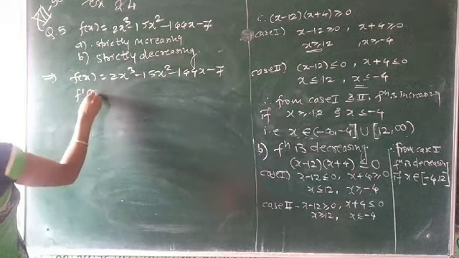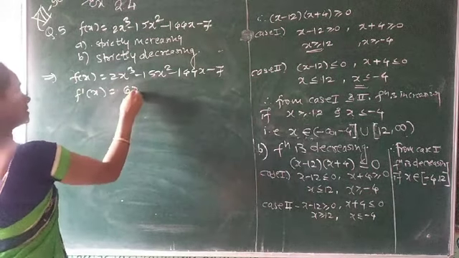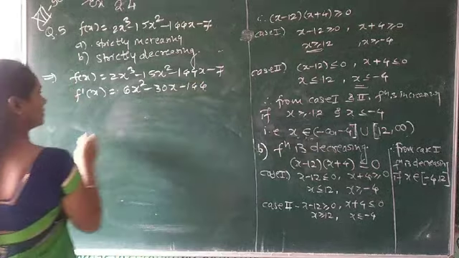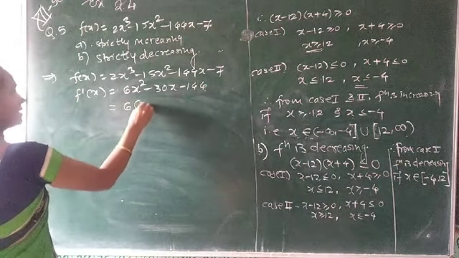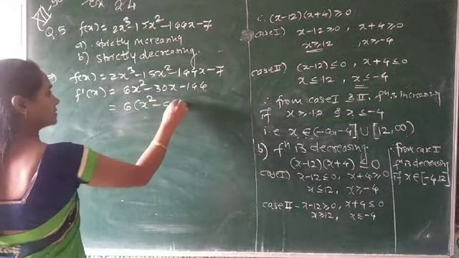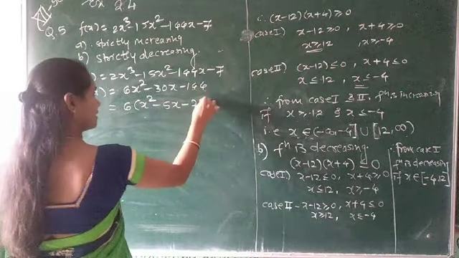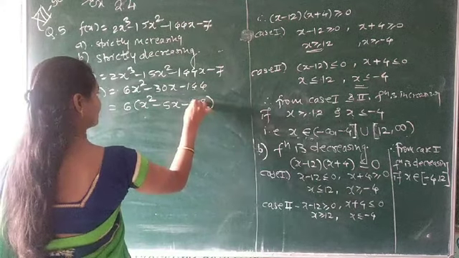Take the derivative: 6x square minus 30x minus 144. Again we take 6 common, hence it is 6 into x square minus 5x minus 24.